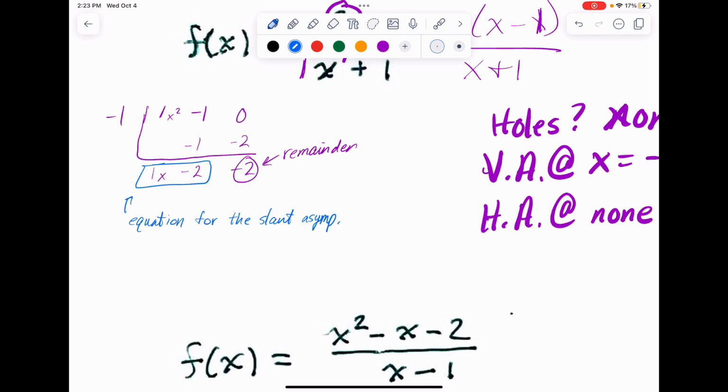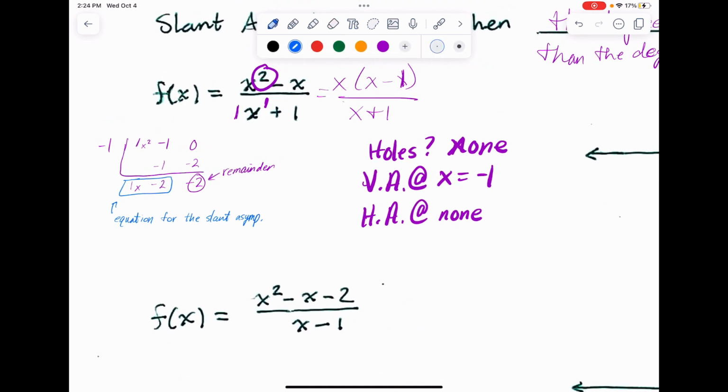All right, so that's the equation. How do I write that equation? I'm going to write that over here actually. So slant asymptote: y is equal to 1x minus 2.